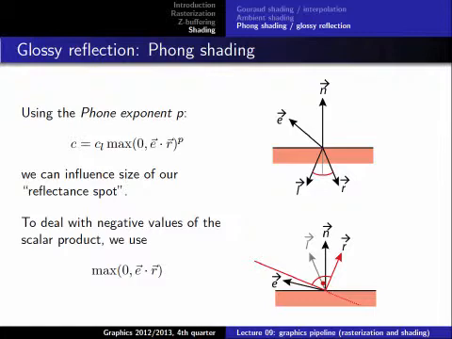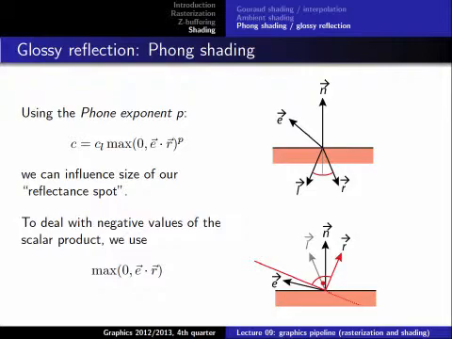For example, in this image that I illustrated here, if they are further away than 90 degrees, then of course you have a negative scalar product, and that's why the Phong shading model would give you a 0, which might not be that critical, because it's only when you're looking at the reflection at an angle larger than 90 degrees, which would in reality also not be very bright.